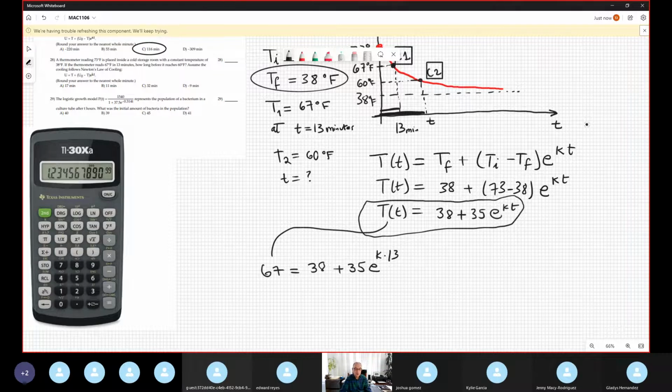The only unknown here is k. Therefore, 67 minus 38 divided by 35. It is 29, 67 minus 38.